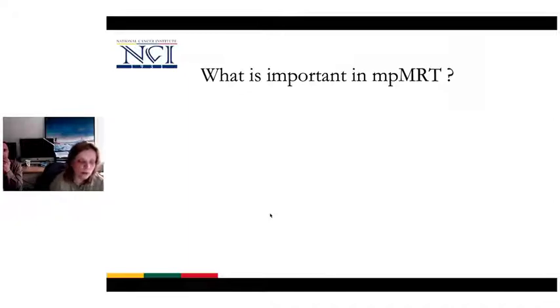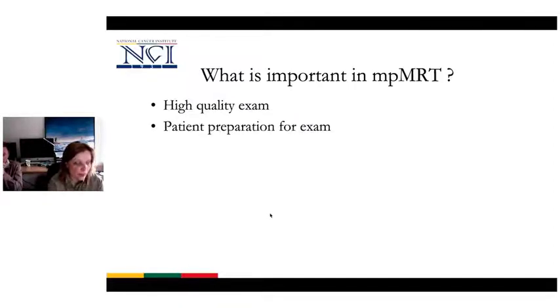So concluding the whole presentation, what is important in prostate MRI? Firstly, I should say it's a high quality exam. You cannot make a good diagnosis on bad images. That is really very important.